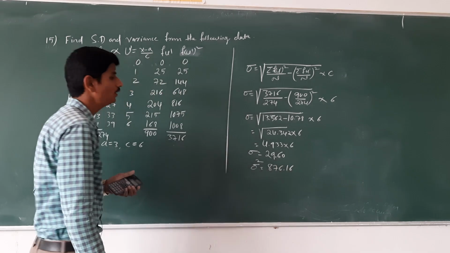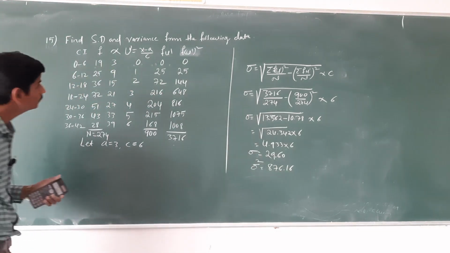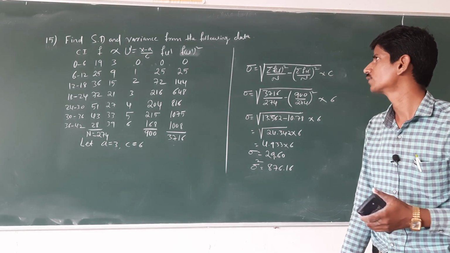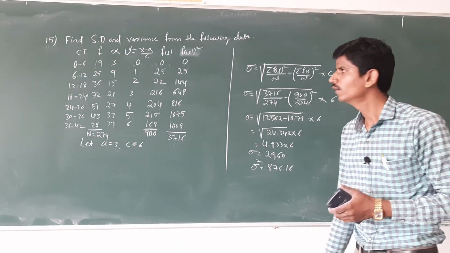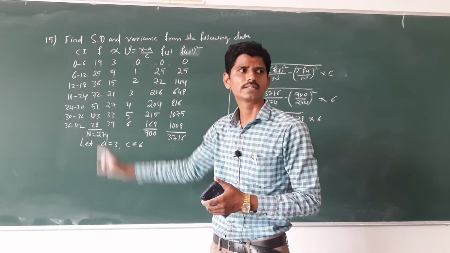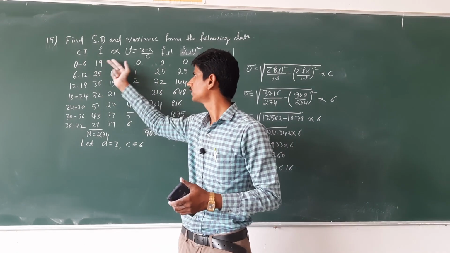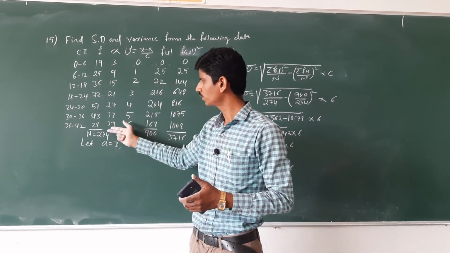876.16 is the variance. Okay, once again, here we have to find the standard deviation and variance from the following data. Here the class intervals are given with respect to frequencies. We want x values, where x is the class mid value: 0 to 6 is 3, 6 to 12 is 9, and so on up to 39.